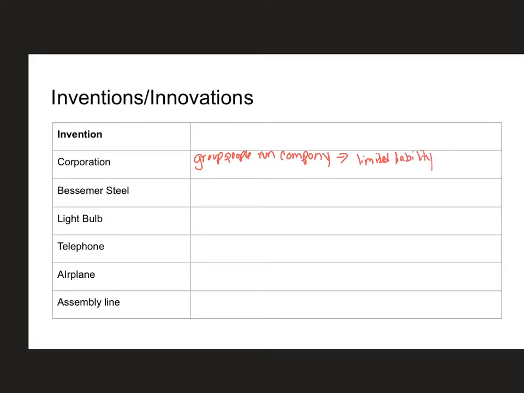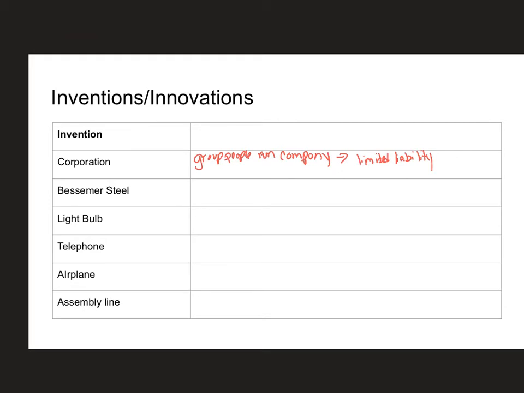Meaning that if you have one person who is the president or one person who owns a company, it's easier to go after one person than it is to go after a group of people, because you're kind of protected by saying there's a whole group of us, so you'd have to come after all of us rather than just one person. So it changed the way companies worked, right? It changed the way that business worked.